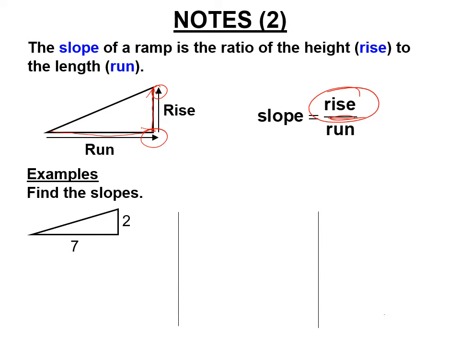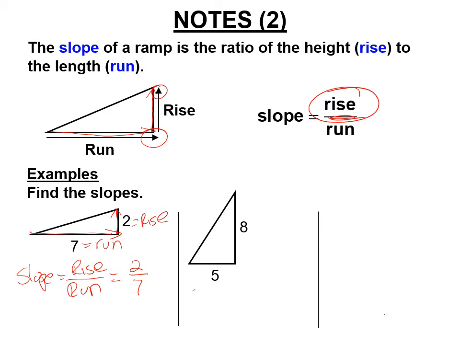The run is always to the right, the rise is always up. And so the slope of a ramp is its rise over its run. So what would be the slope of this very first ramp? Well, it would be 2/7, because the rise, how much it goes up, is 2, and the run along the bottom is 7, and you just make it a fraction, 2/7.